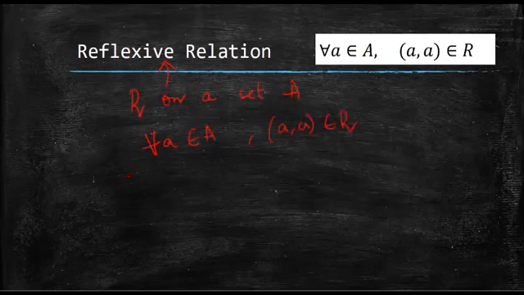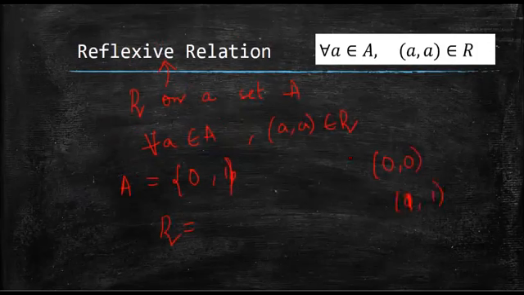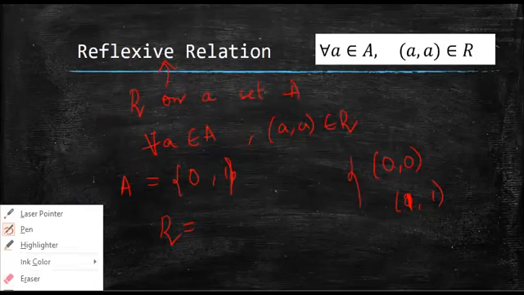So how can we consider this with an example? If we have a set A with the elements 0, 1, then the relation R should have the ordered pairs 0, 0 and 1, 1. Then only it can be considered as a reflexive relation.